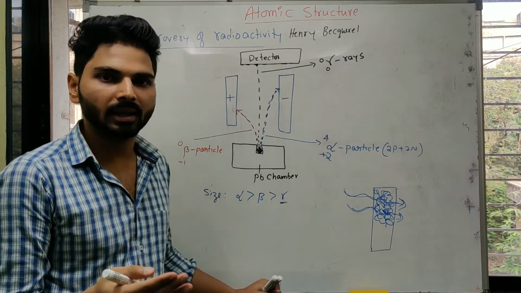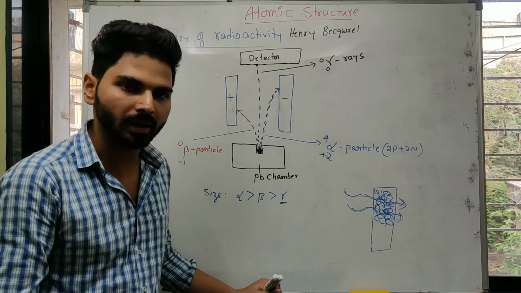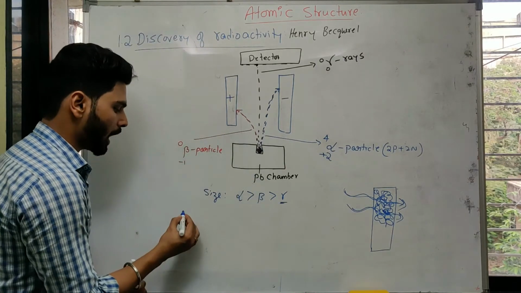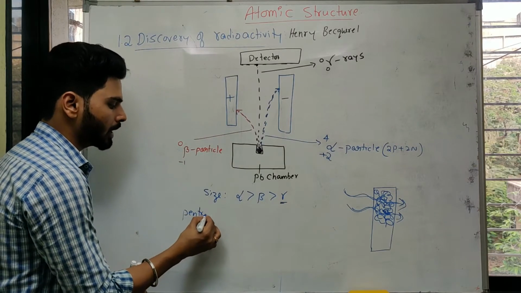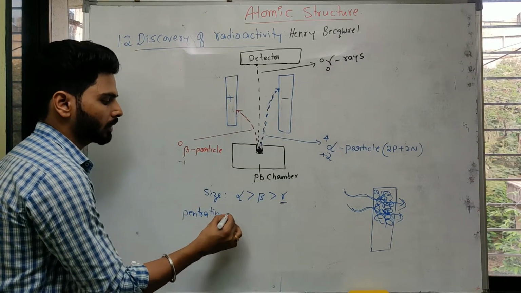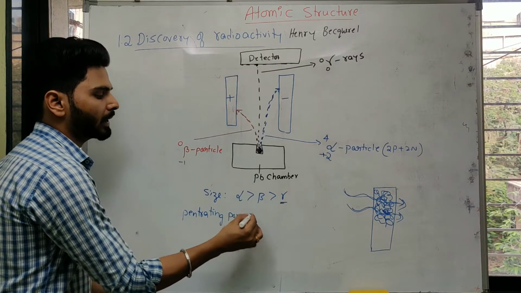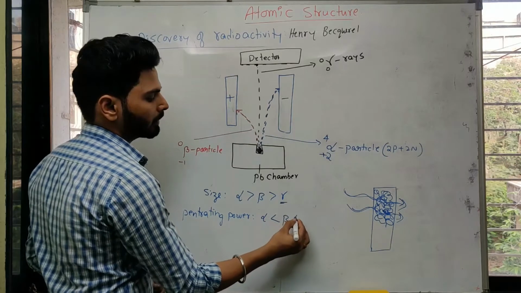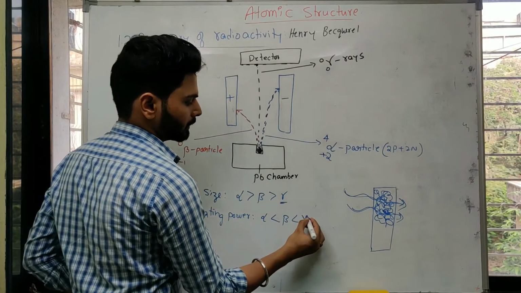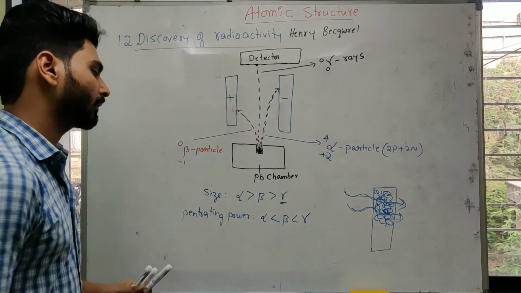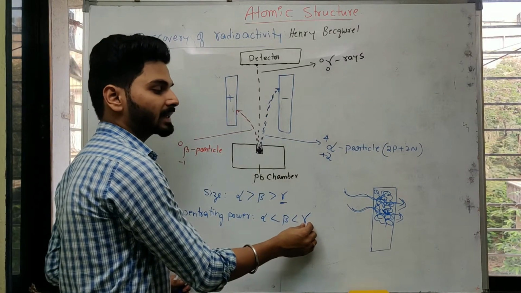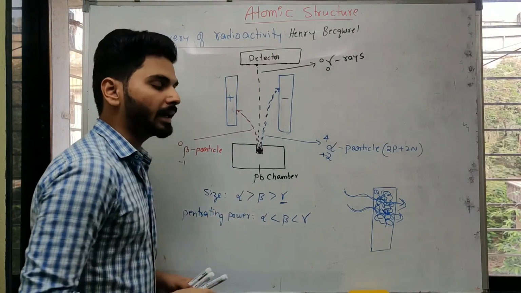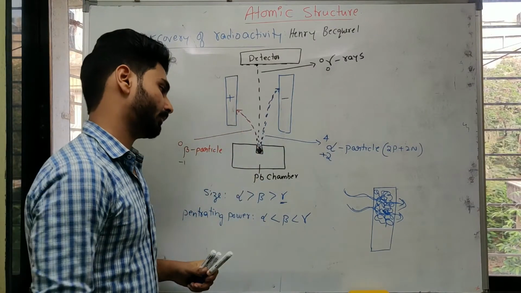As thickness increases, penetration will decrease. In terms of penetrating power, alpha has the least and gamma has the highest. Why? Because gamma is the smallest and can pass through many materials, whereas alpha, being bigger, needs bigger empty space to pass through.